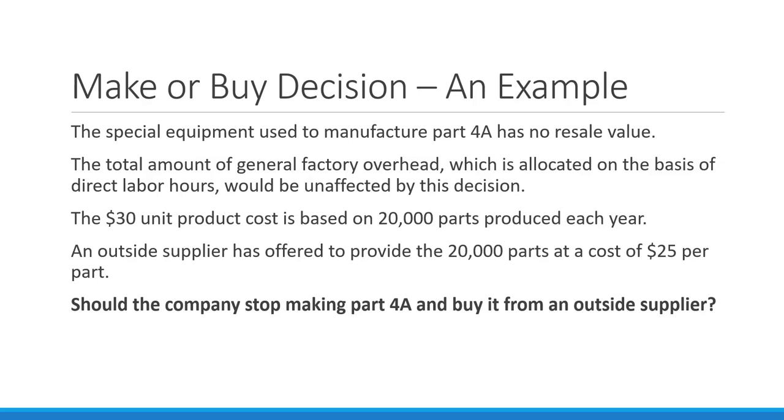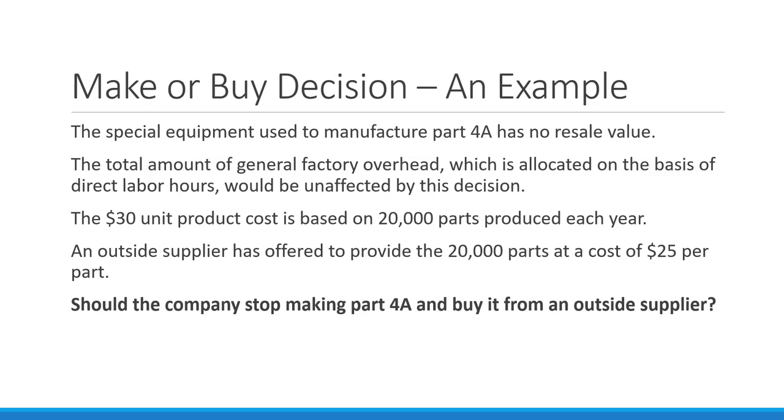The special equipment used to manufacture that part has no resale value, and the total amount of general factory overhead is allocated on the basis of direct labor hours and would be unaffected by this decision to make or buy. The $30 unit product cost is based on 20,000 parts produced each year.